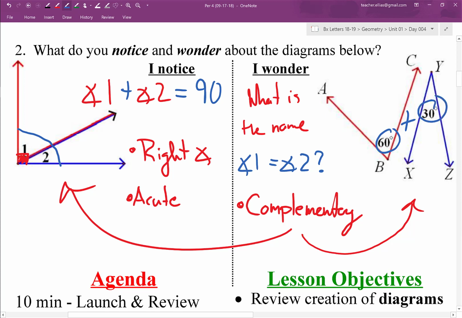Now, Lourdes is saying she thinks the first one is called supplementary, and the second one is called complementary. So what do you think is the difference between supplementary and complementary? I was just looking at the way it's drawn. How is the first one drawn differently than the second? The first one is one complete angle split into two parts, and the second one is two different angles that equal one angle.